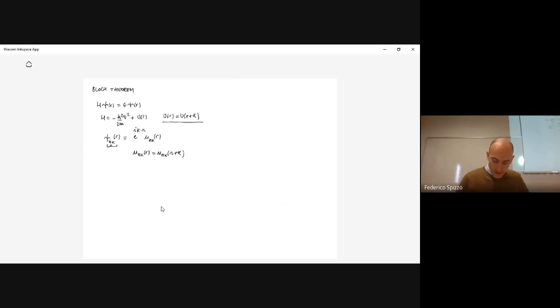So if we apply the momentum operator to the electronic wave function, this is not just a constant times the wave function. So this means that the momentum of the electron is not a constant of motion.